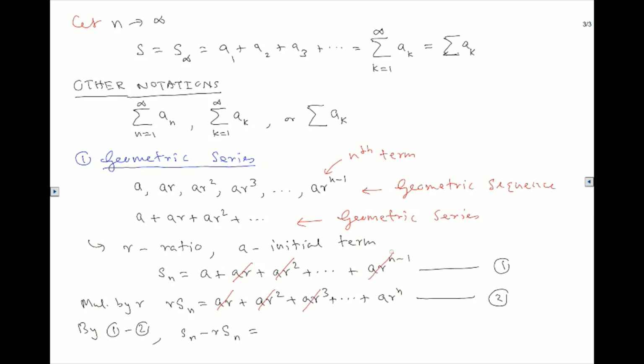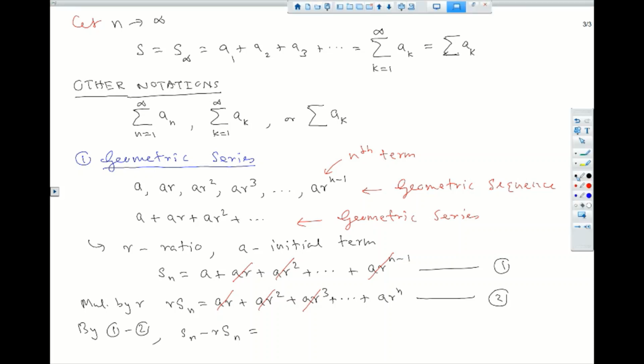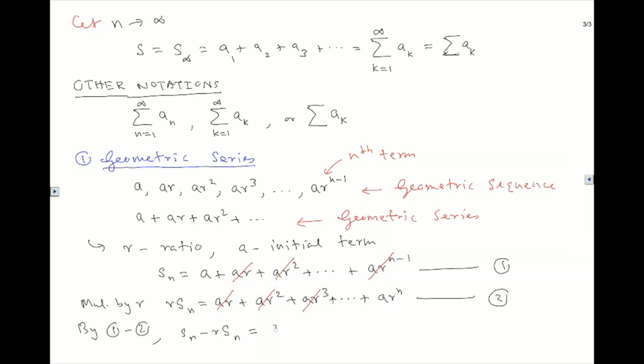All of those terms get cancelled because they are equal but you're subtracting them. So you simply end up with 2 terms: the first term of the first sum and the last term of the bottom one, and everything else gets cancelled.